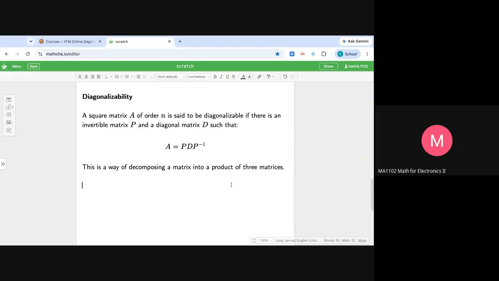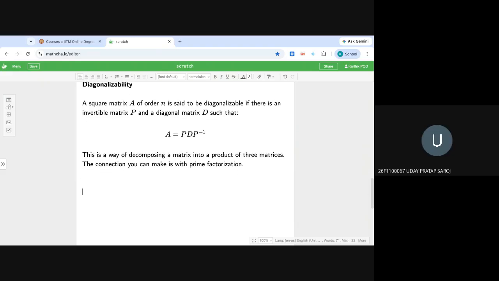The analogy, or rather the connection you can make, is with prime factorization. We have done prime factorization in high school, where you decompose numbers into a product of simpler numbers. In a similar sense, it's often a good idea to decompose a matrix into other matrices. So it's a prime factorization of matrices, in a sense.